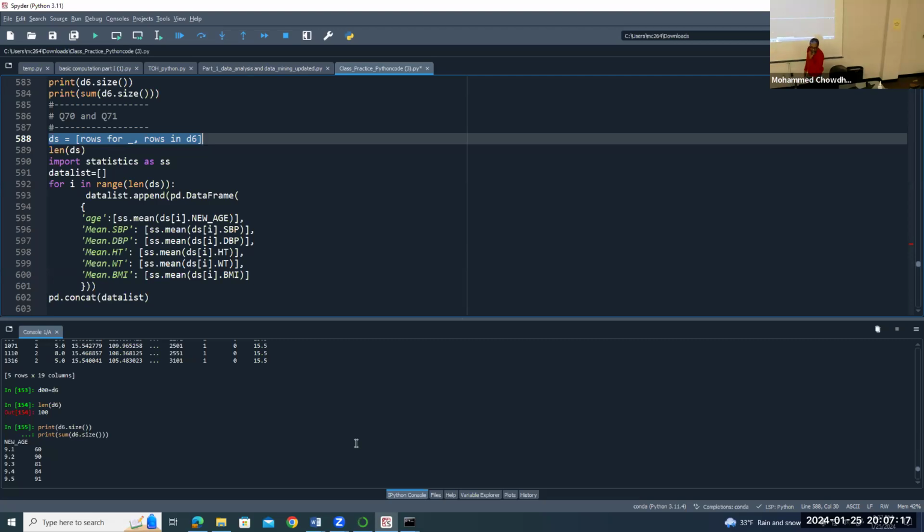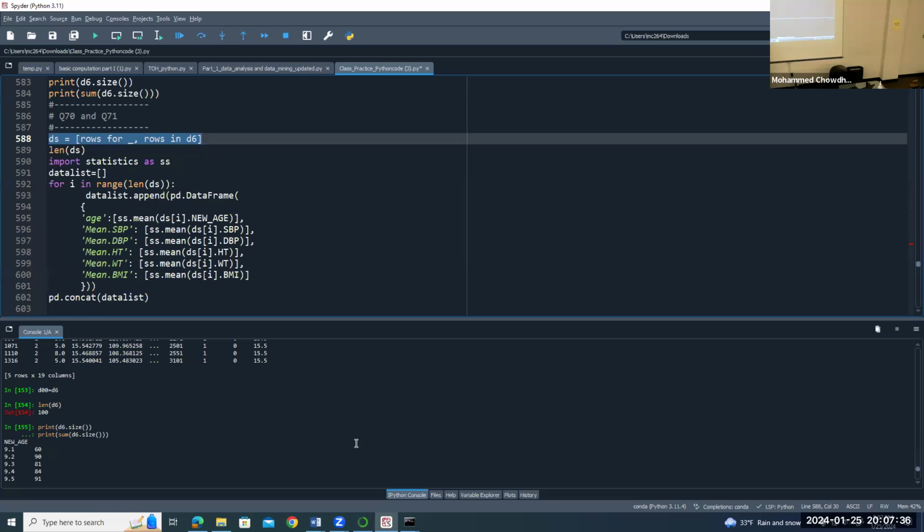That is the way the for loop is running. And then after running all of the for loop in here, I am putting it in the data frame format. This data frame format is in here.